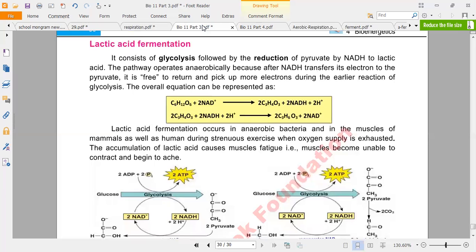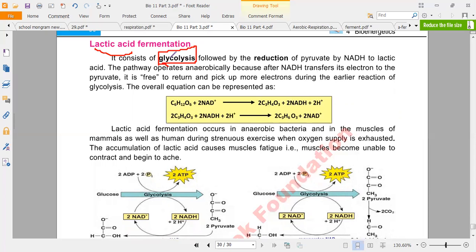There are two types of fermentation, as we have discussed before. There's lactic acid fermentation. Actually, it consists of glycolysis. Glycolysis is the only step which is continued in aerobic as well as in anaerobic respiration.